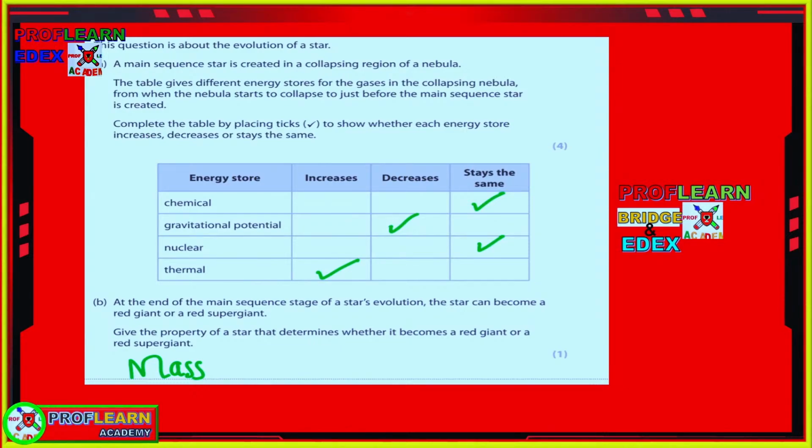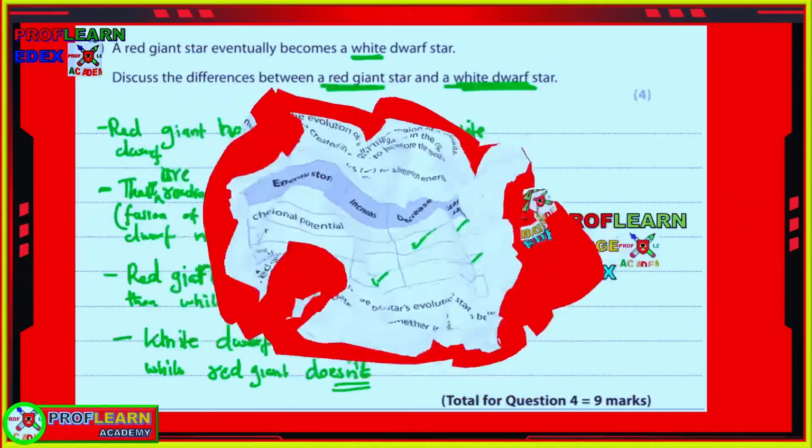But if it had less mass or similar mass to the sun, that type of star will move from protostar, main sequence, red giant, cool down to become a white dwarf, and finally a black dwarf. So mass is quite important in that case.